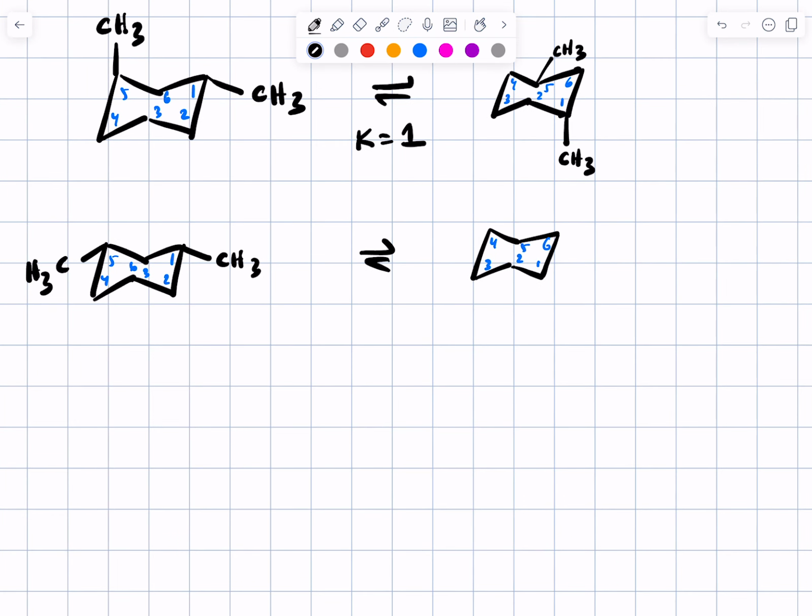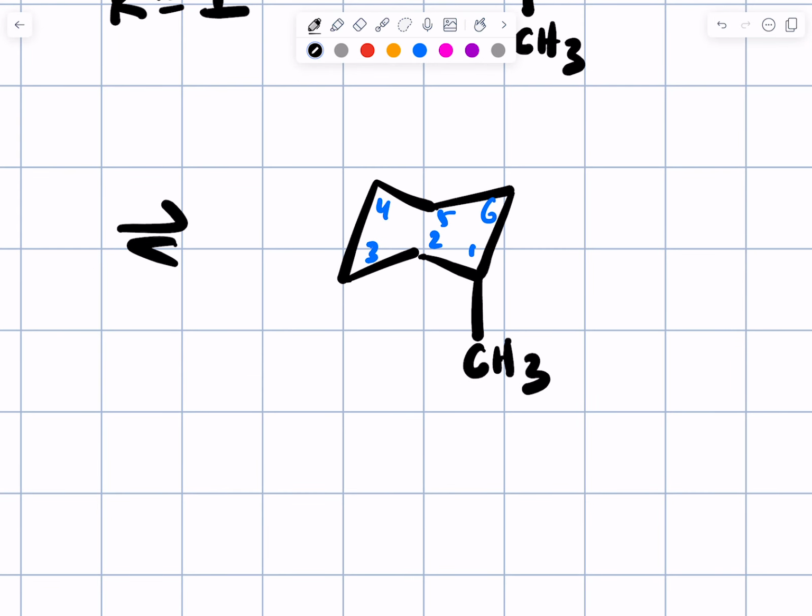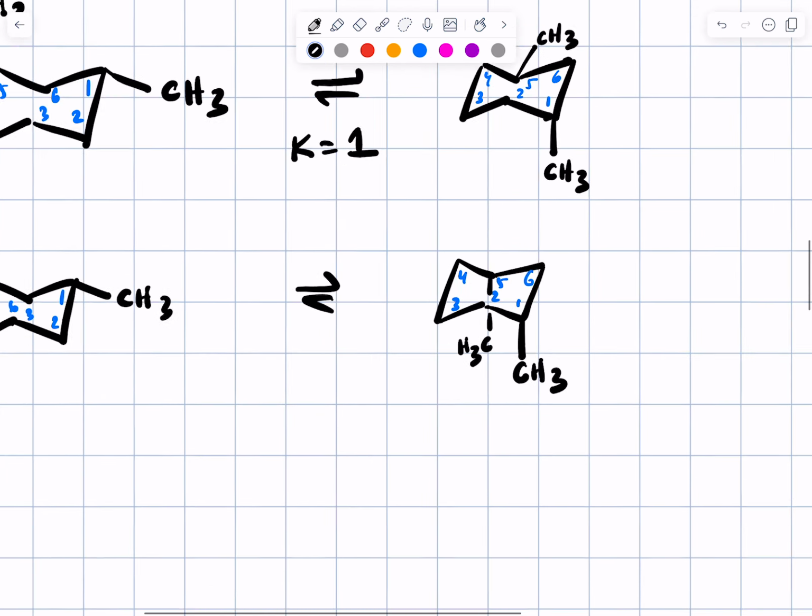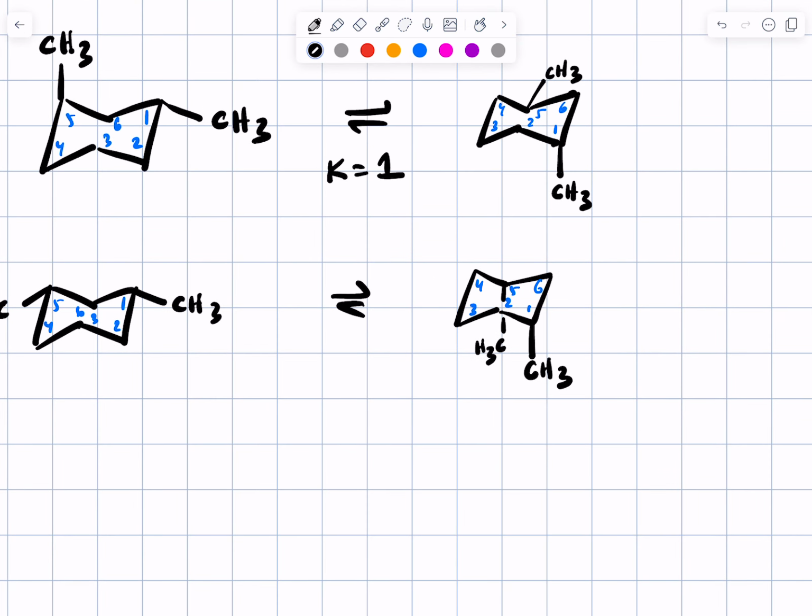As before, methyl group on carbon 1 on the left should now be axial down. Carbon 5 on the left had a down equatorial methyl group. Now that methyl group should also be down axial. All right, so this one should be pretty straightforward. Which one is the most stable chair? Left, right? Because both things were equatorial versus the one on the right, both things are axial.